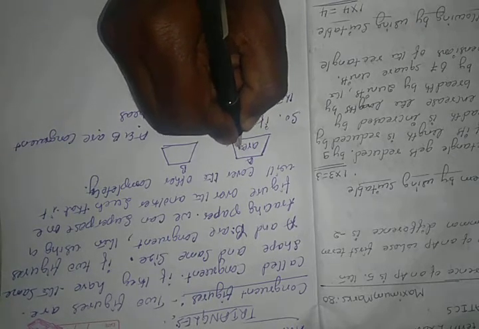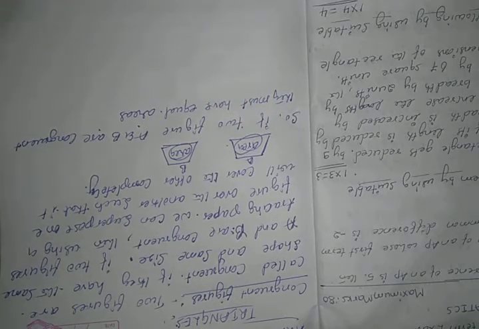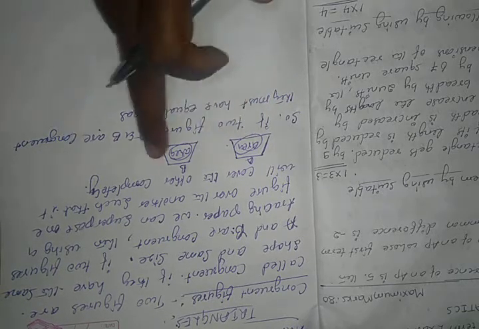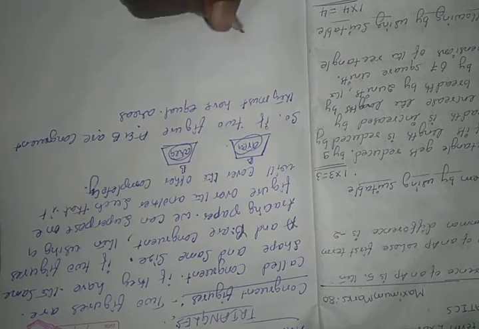Very important: both have equal area. That is the main important reason. If two figures are said to be congruent, both have the same area, that is, equal area.